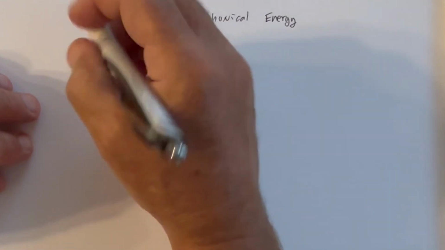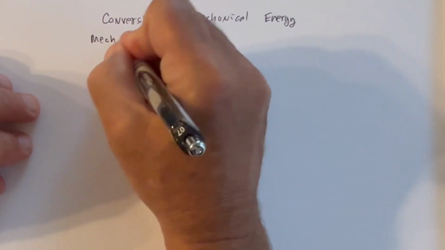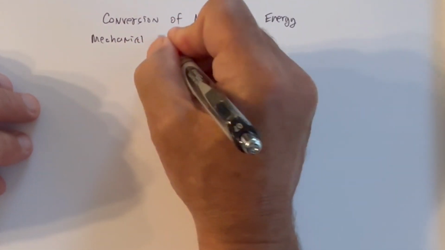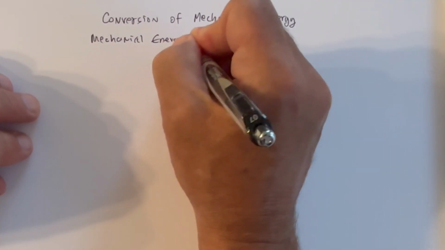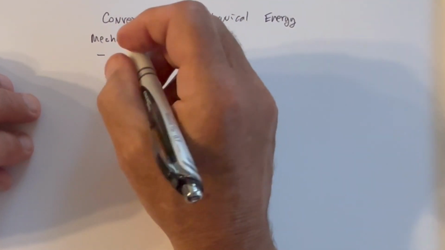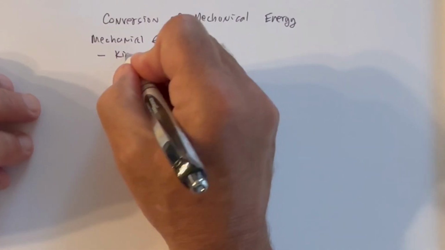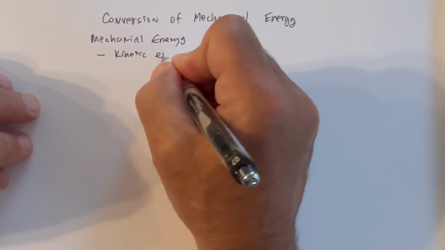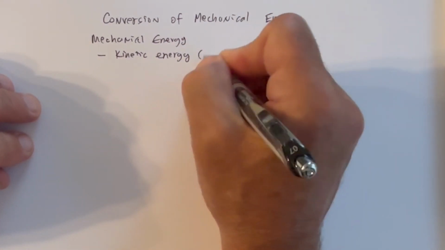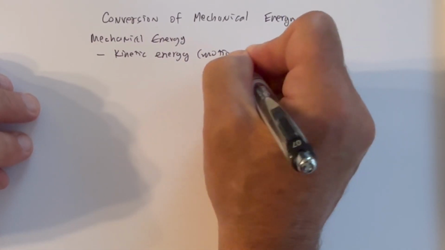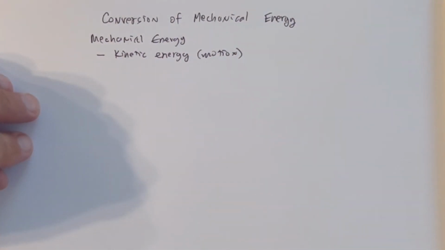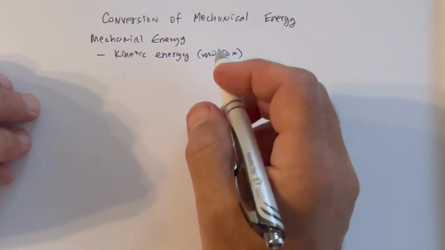So first of all, what is mechanical energy? It's broken down into two parts. The first is going to be kinetic energy. That's going to be motion, things moving, balls, cars, rocks, it doesn't matter. Anything that moves has kinetic energy.